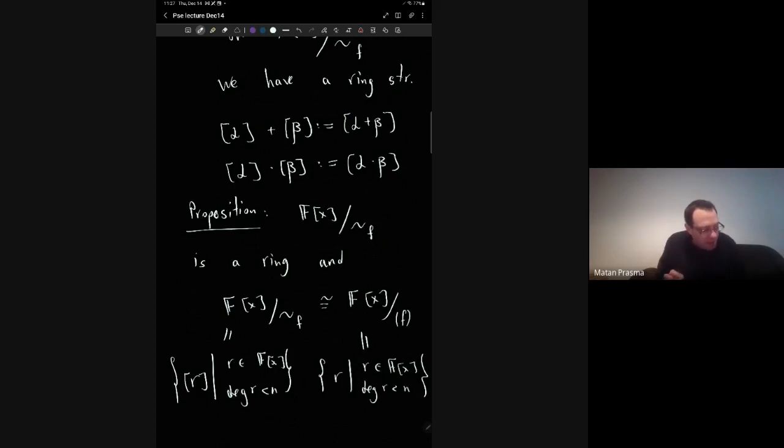And the operations, addition and multiplication, are essentially the same. From a computer point of view, I get the same multiplication and addition tables. Okay? Is this point clear?